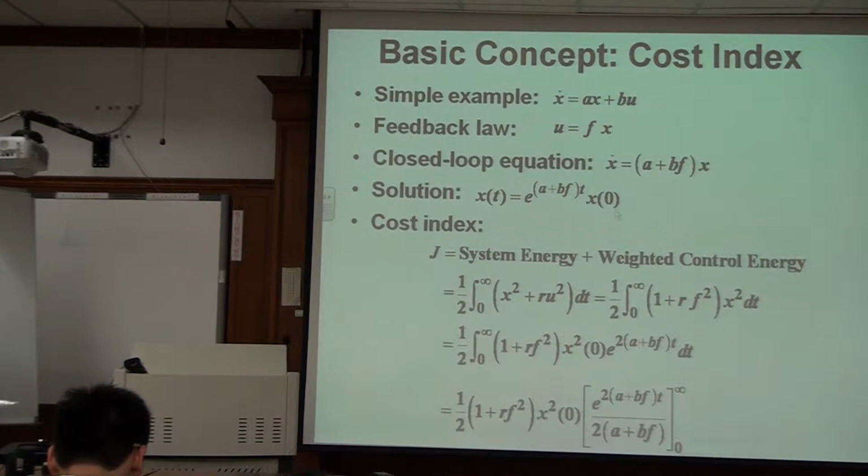How much energy I have to use for my control? The control energy we used to use is U square, for example. That's what I call here U square.